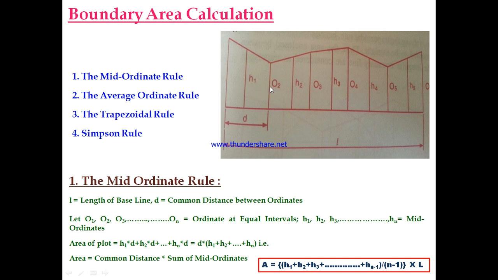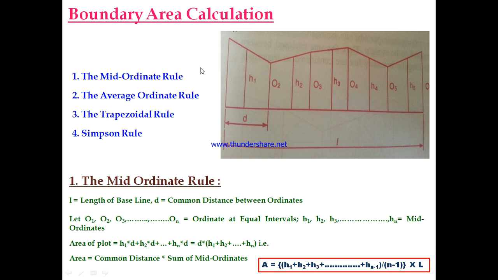We have divided this irregular area into, don't try to consider this h1, h2, h3, h4 part, only try to imagine these lines O2, O3, O4, O5. So the whole area is divided into these rectangular strips.